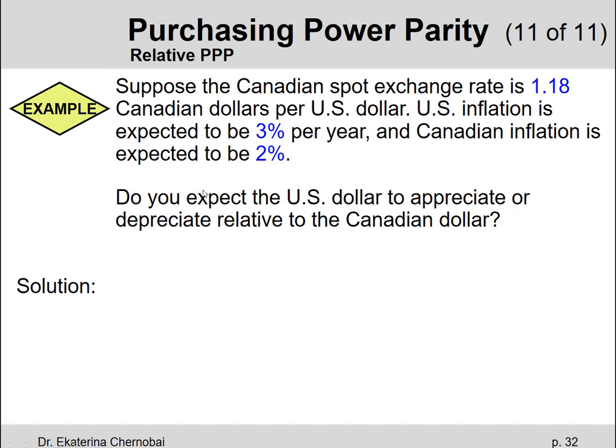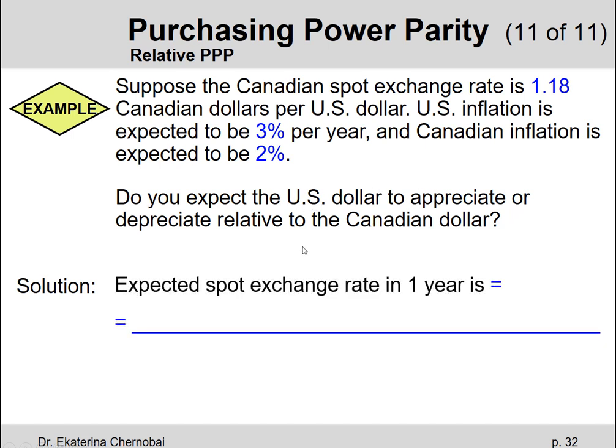The question is, do you expect the US dollar to appreciate or depreciate relative to the Canadian dollar? To answer this kind of conceptual question, we need to do some calculations first. Let's calculate the expected spot exchange rate between the Canadian dollar and the US dollar in 1 year.